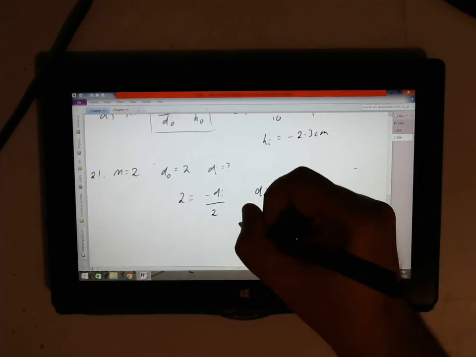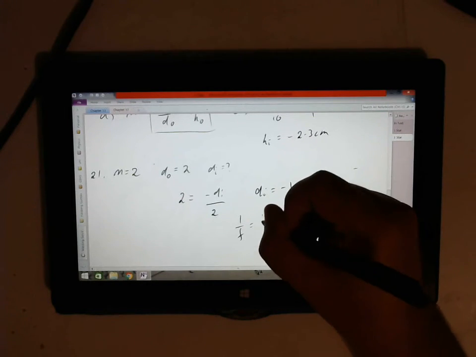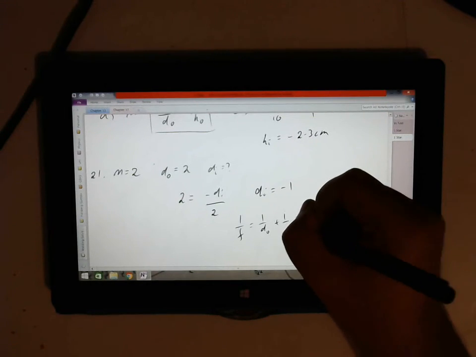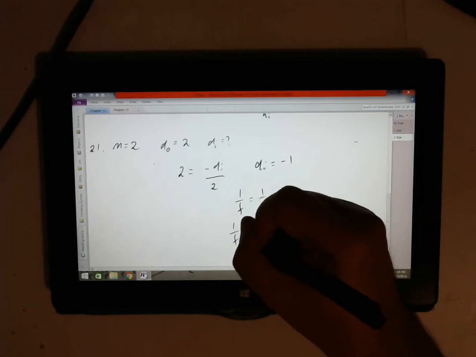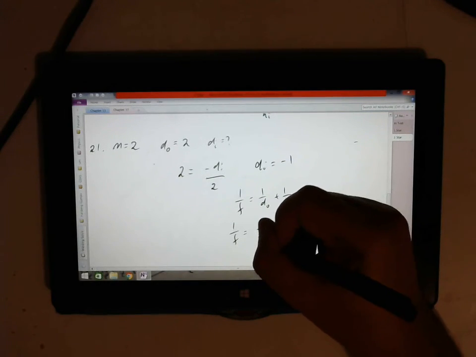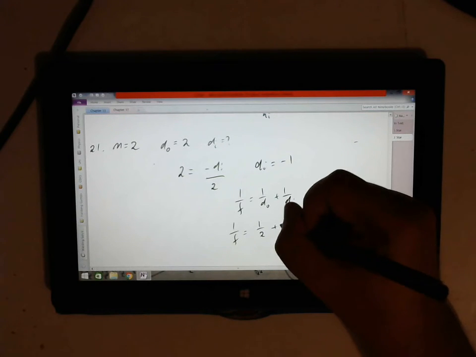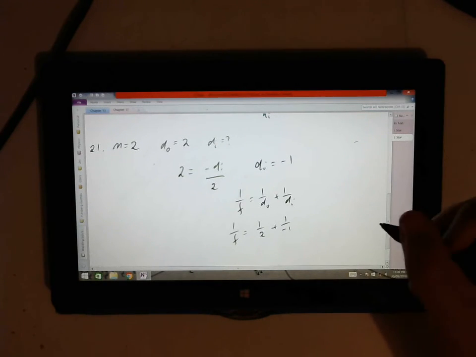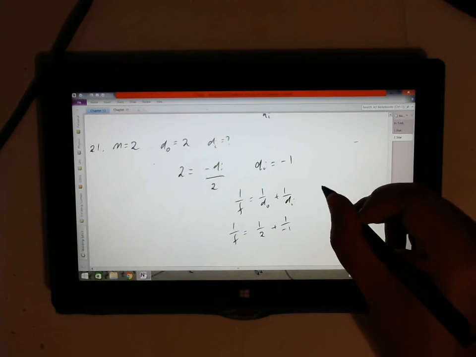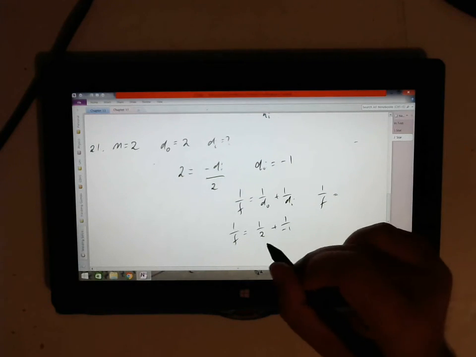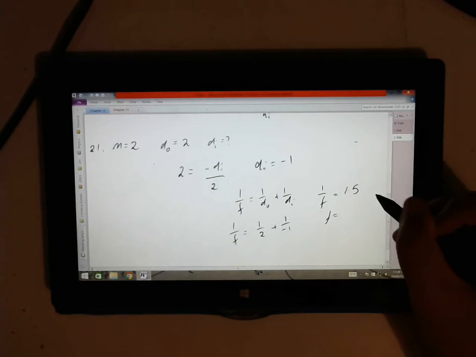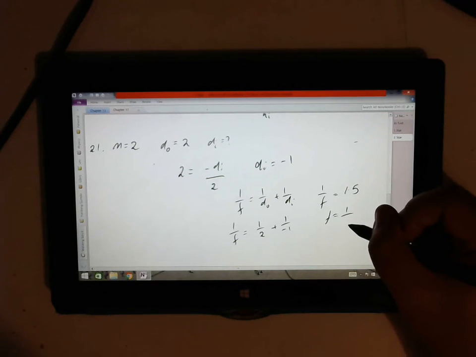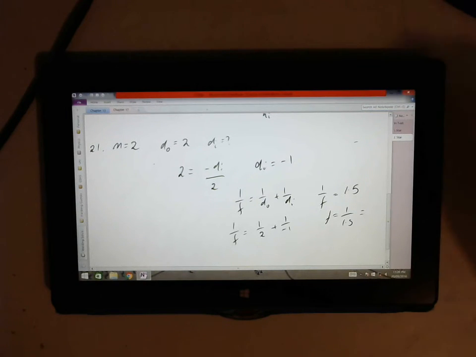Now let's use our focal point. 1 over F equals 1 over DO plus 1 over DI. 1 over F equals 1 over 2 plus 1 over negative 1. So we're going to have 1 over F, well, half plus 1 is going to be 1.5. So F equals 1 over 1.5.